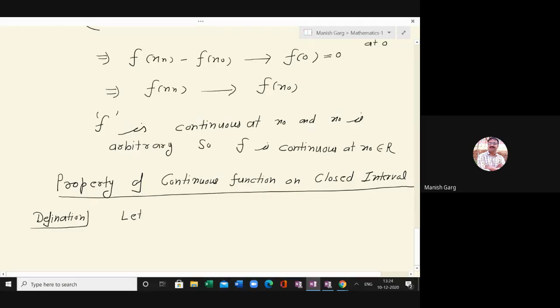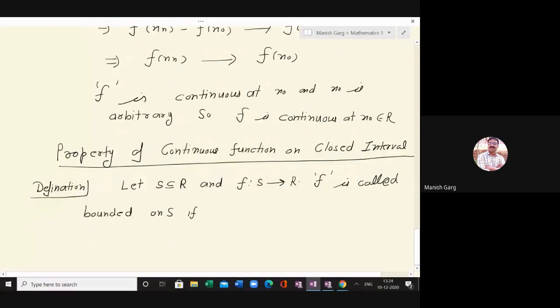Suppose you have a subset S of R, and f is a function from S to R. This function f is called bounded on S if its range is bounded.